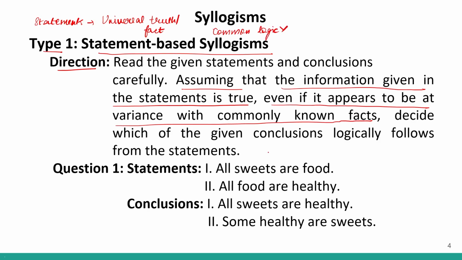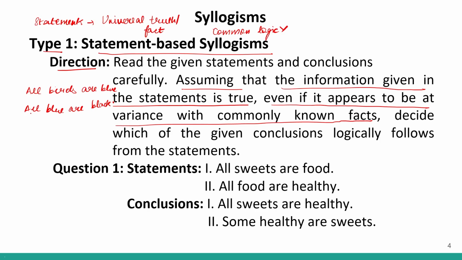For example, let's say the question is, all birds are blue, all blue are black, something like this. These kinds of questions you get, we have discussed this already. Does this make sense in the real world? No, because there are certain birds which are of different colors, and blue and black are different colors. So how can all blue be black?